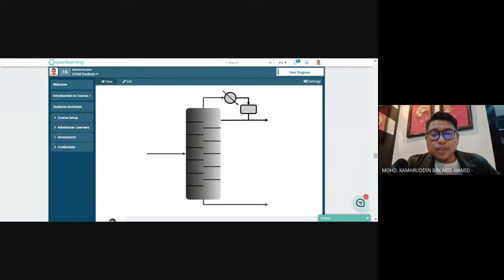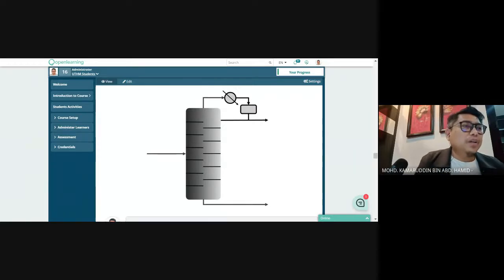Sebab tu kalau you ada non-condensable gas dalam your feed, dalam your system, jangan pakai yang ini. But you can use the previous one, not the previous one, the previous three. What happened if letak? Maksudnya, your separation is failed. Because CO2 is always recovered at the top.